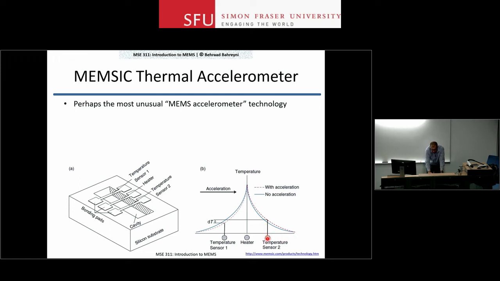So if you look at two sensors at the same distance from this heater, the temperature is the highest at the heater location and drops off as you move away from it. And if those two sensors are located at equal distances from the heater, they should measure the same temperature, right? So they measure the same temperature. Let's say if the heater is at 100 degrees, they measure 50 degrees Celsius.